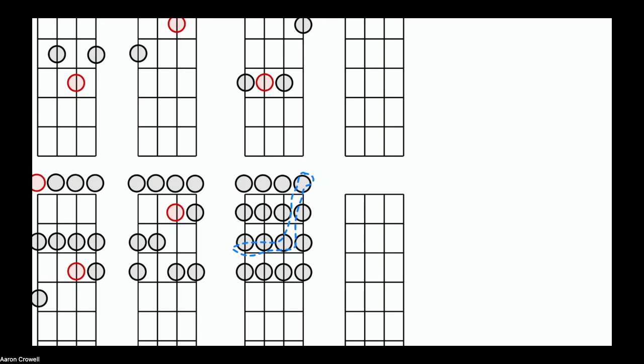So let's eliminate the notes we don't need. I don't need these 2. Okay, I don't need this one. Okay, I don't need this. And this would be removed as well.